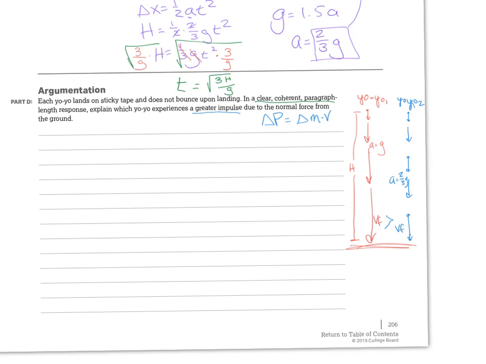So you're going to claim that yo-yo 1 is going to have the largest impulse, or a greater impulse. And the evidence of that is, here's where you can reference the equation. So based on impulse equaling a change in momentum, whichever one changes the most velocity will have the biggest change in momentum.